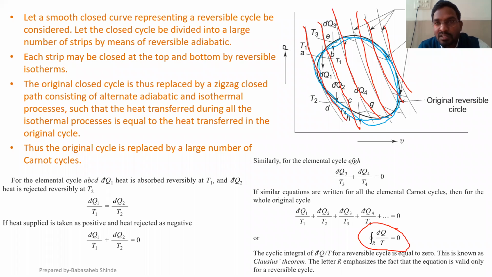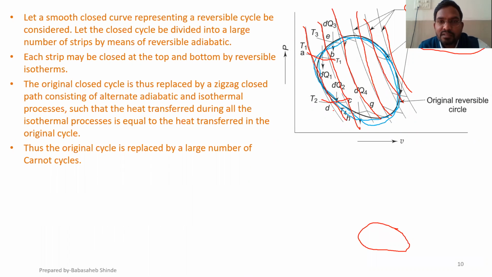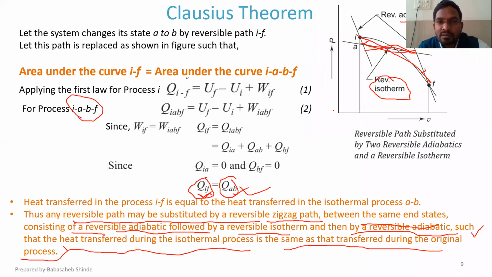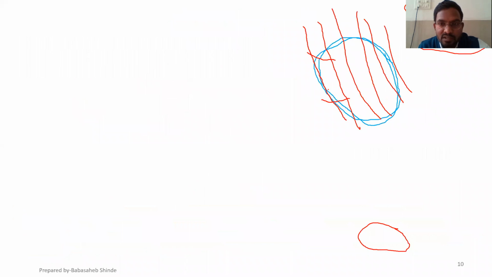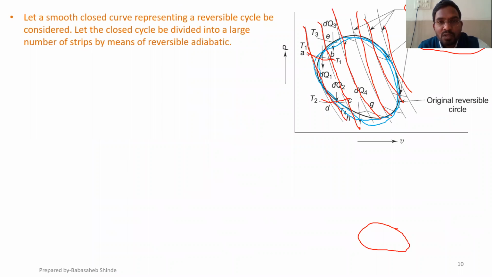All these are reversible adiabatics, and at the top and at the bottom I have added reversible isotherms as well, just like in this process. There was one reversible isotherm at the top. That way I have drawn one reversible isotherm at the top and one at the bottom.